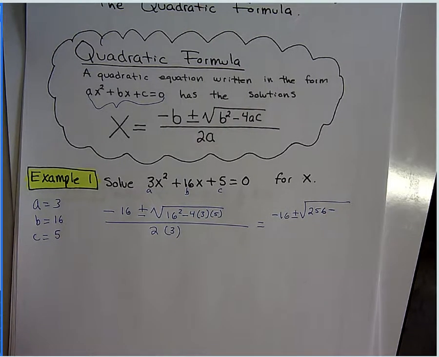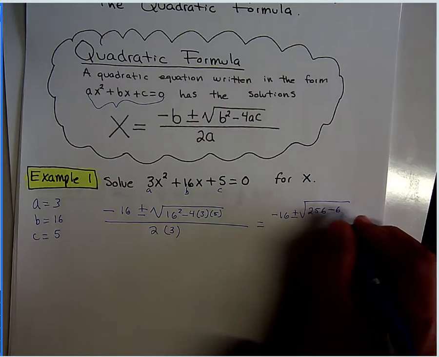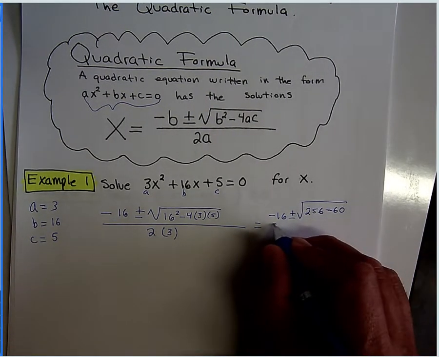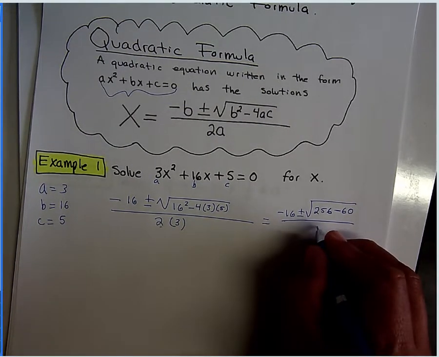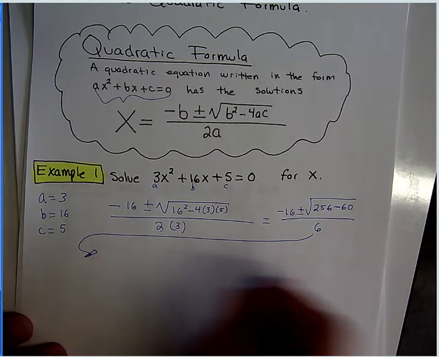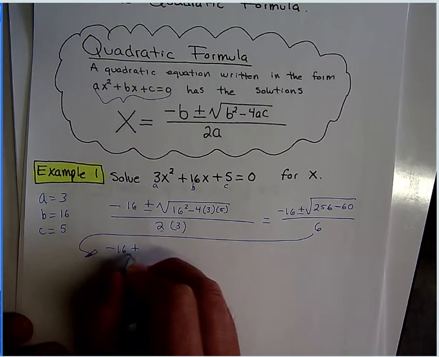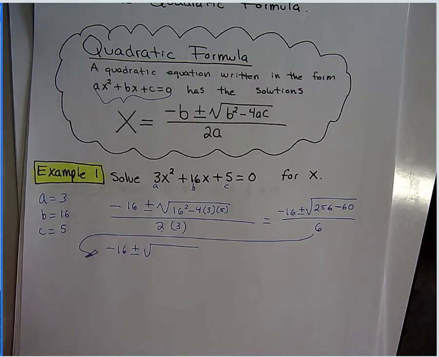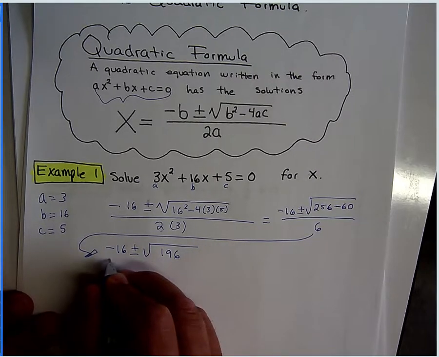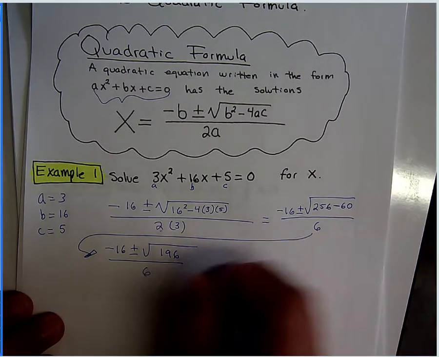So 4 times 3 times 5 is 60. And then on the bottom, 2 times 3 is 6. So negative 16 plus minus the square root of 256 minus 60, which is 196, over 6.